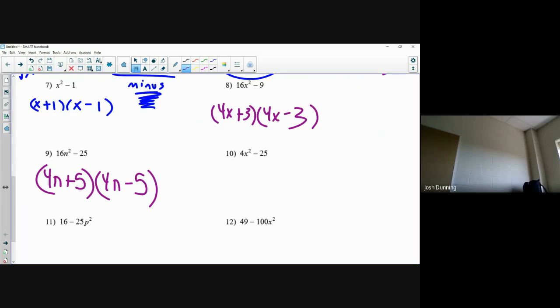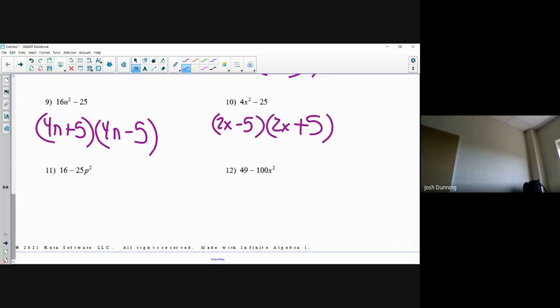Number 10, same idea. And this one, I'll do the minus first. Doesn't matter, as long as you have one of each. Square root of 4 is 2. Square root of 25 again is 5. And this works the same way.